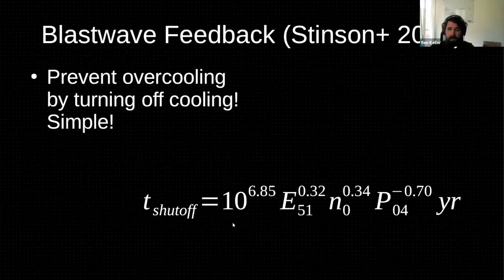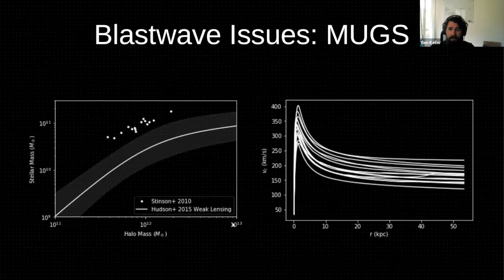In particular, in 2010 Greg Stinson ran a set of cosmological zoom-in simulations, the MUGS suite that James had talked about earlier. It's designed to match the kind of galaxy we would see around Milky Way mass, around 10 to the 12 solar masses.